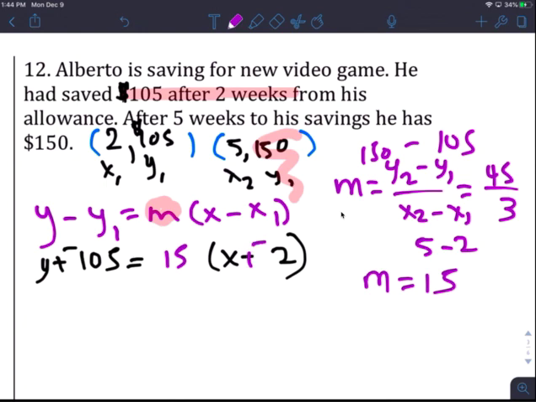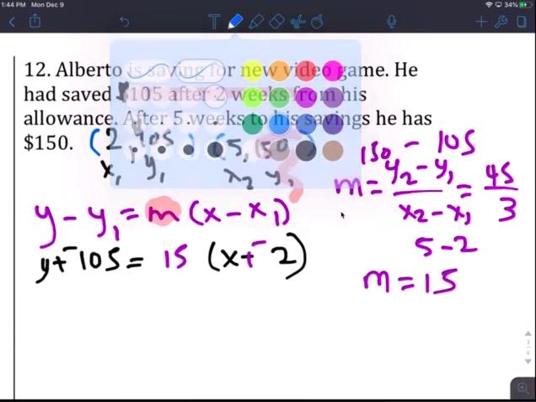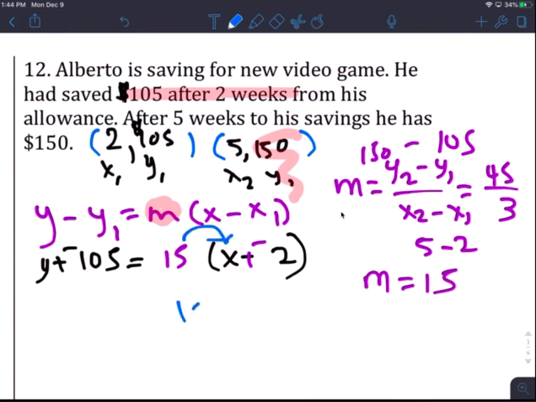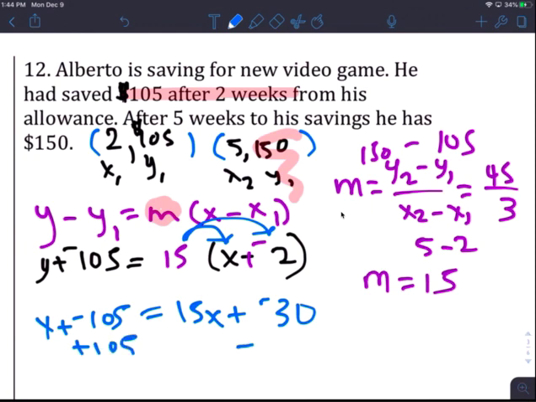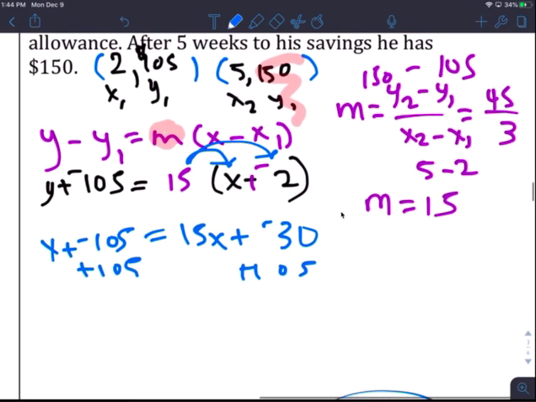Okay, and then you do distributive property first. Distribute 15x, distribute plus a negative 30. It's y plus negative 105, add 105. Okay, subtract that, let's see, 75.